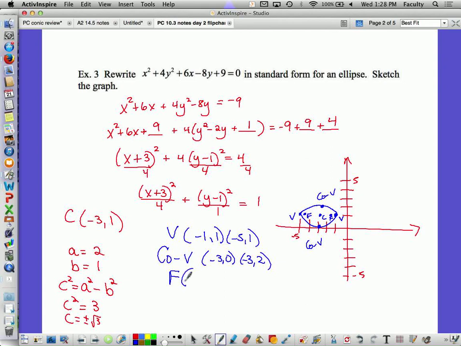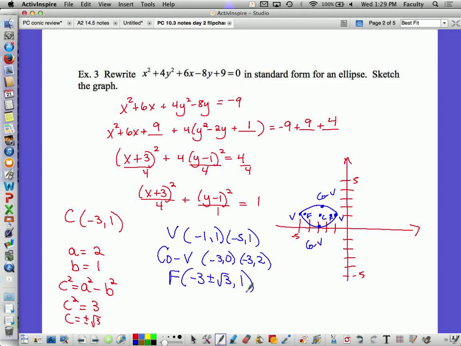Well, the center is -3, and then you're adding and subtracting radical 3. So it doesn't look pretty, but it's -3 plus or minus radical 3, comma 1. If it makes you feel better to write them separately, you may. You could say -3 plus radical 3, comma 1, -3 minus radical 3, comma 1.